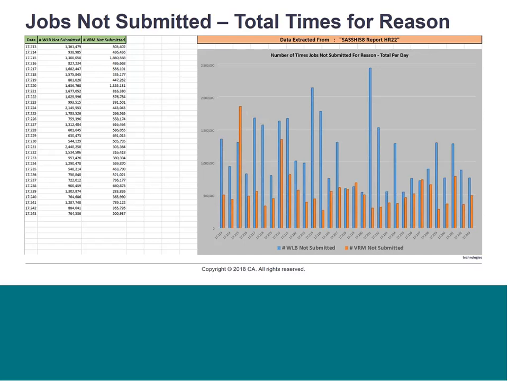We get a total value for workload balancing, and we get a total value for VRM. That's the blue and the orange. So on day 215, for example, there were a lot of not submitted because of VRM reasons. Whereas most of the other days, in this sample here, it tends to be workload balancing that is causing the problem.